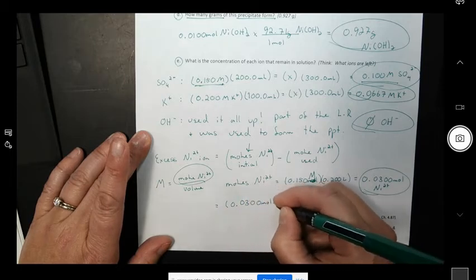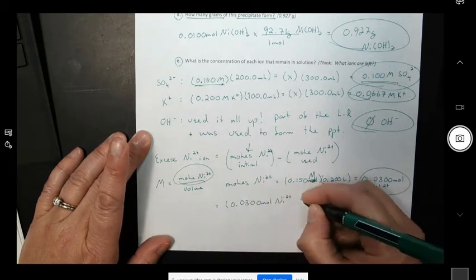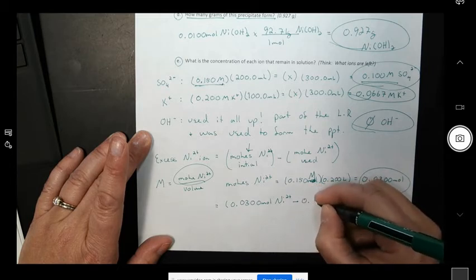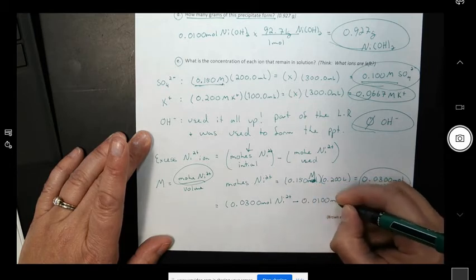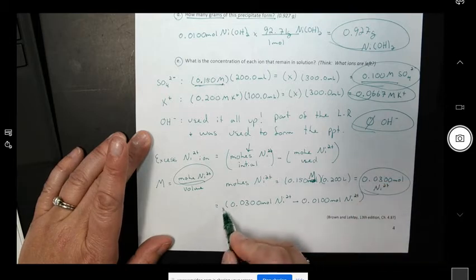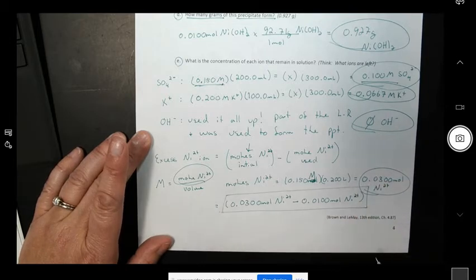0.0300 moles of nickel I started with minus what I used to make the precipitate, which is 0.0100 moles of nickel ion. Again, all of those numbers are there. It's just interpreting how to use them.